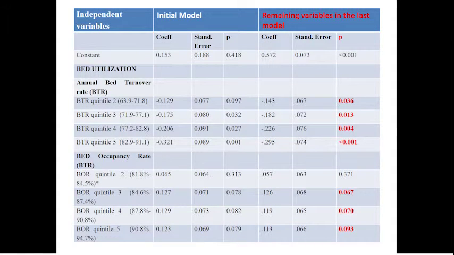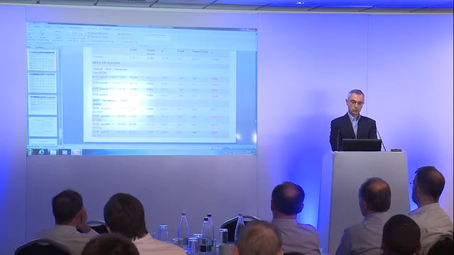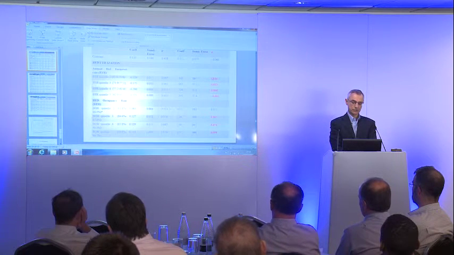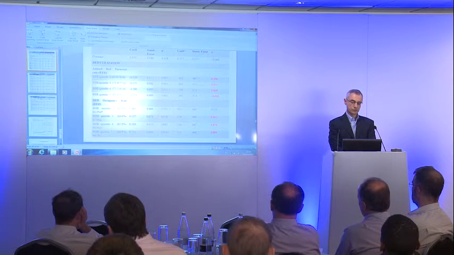If you look at the model, on the left-hand side you see all the variables in the initial model, and on the right-hand side you see the variables that remain significant in the final model. You can see that, for example, the BTR quintile was significantly associated with CDI infection rate, but with a negative coefficient.